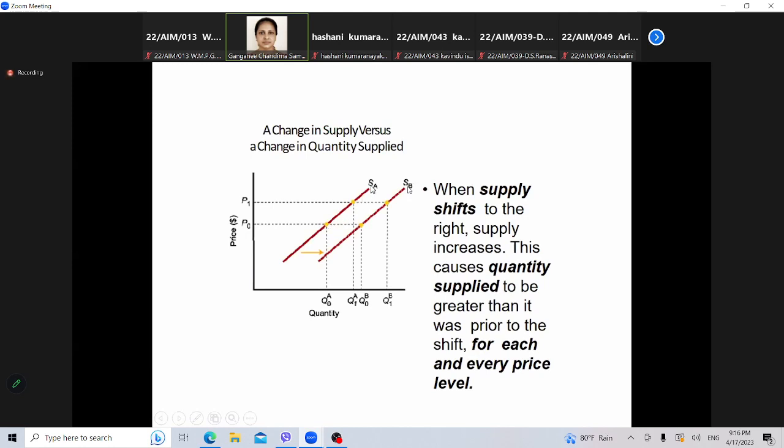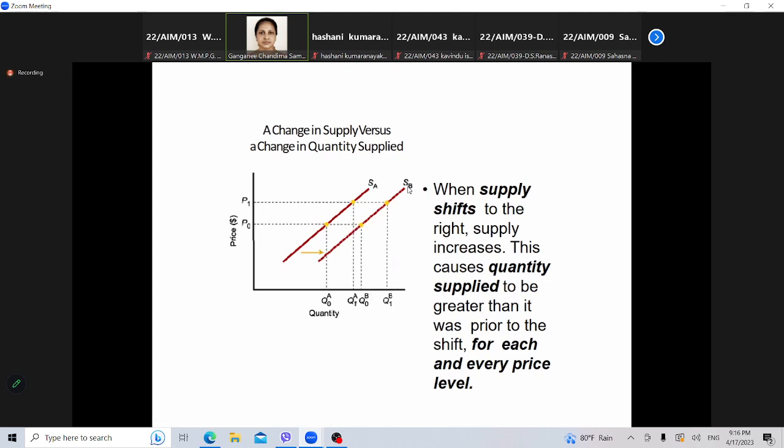See, on SA at the price P0 level, the quantity supplied is Q0A. But here you can see the supply curve shifted to the right. Then at the same P0, the quantity supplied increased up to Q0B, from Q0A to Q0B.